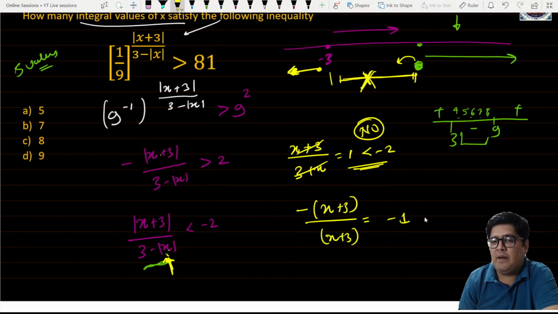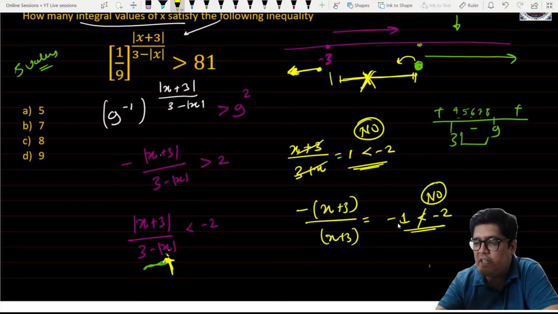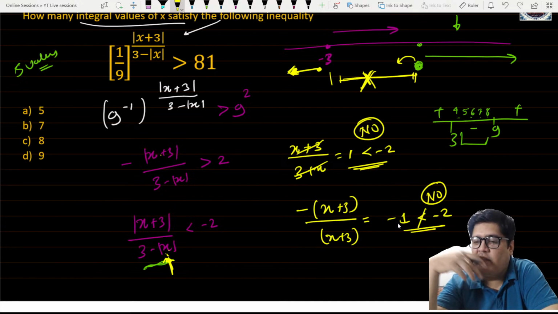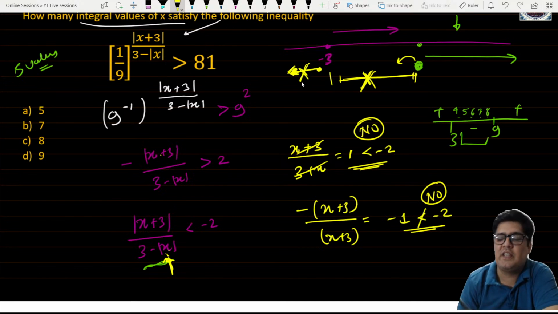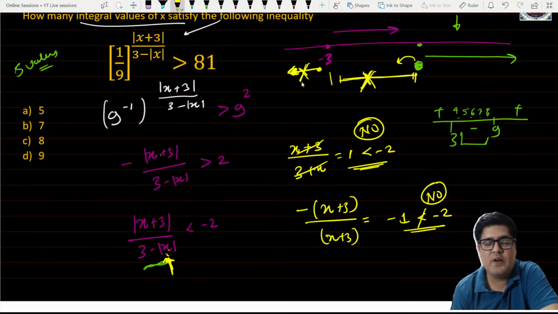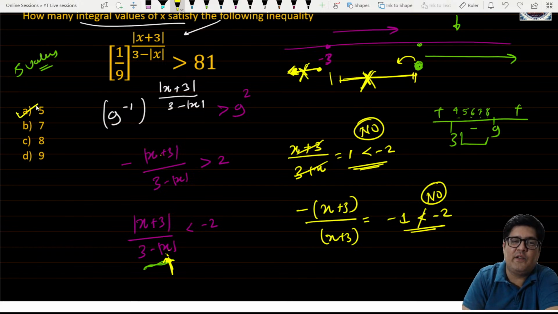Can minus 1 be below minus 2? No. A smaller negative is more, guys. A smaller negative is more. This cannot be below. So there is no solution here either. So what solutions do we have? 5 values we have.